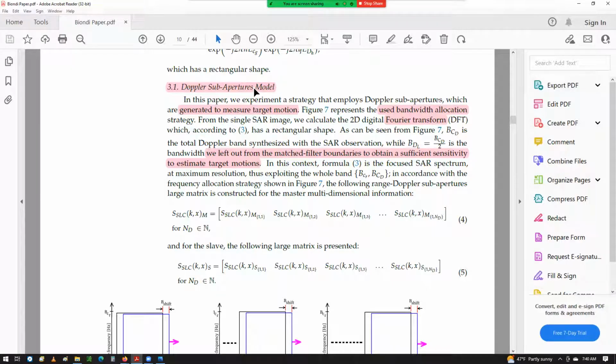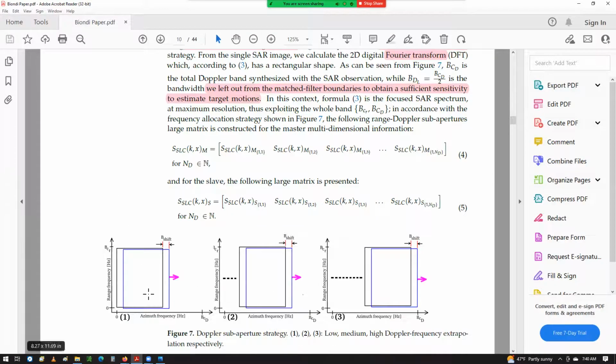So this is the problem that I had. I don't know if this requires multiple passes with a satellite or if this is a data processing technique. I think it has to do with the way they're processing the data. So they're looking at slices. Basically you have the satellite flying by, looking at the same spot, right? And sending pulses, and then the echo comes back.